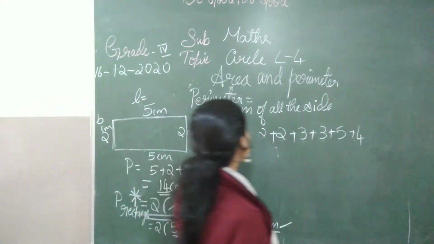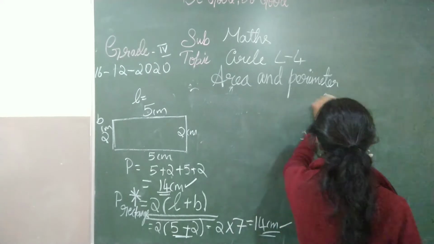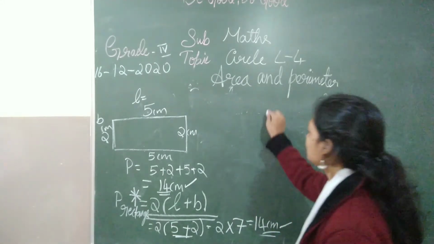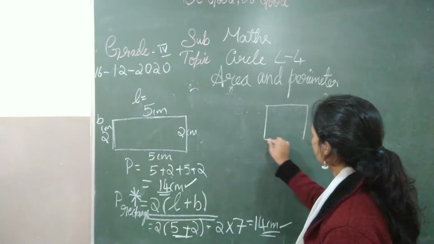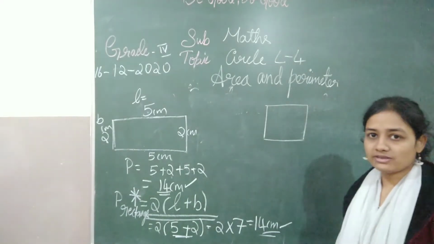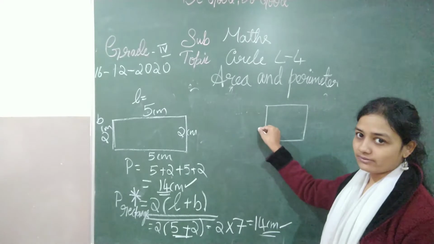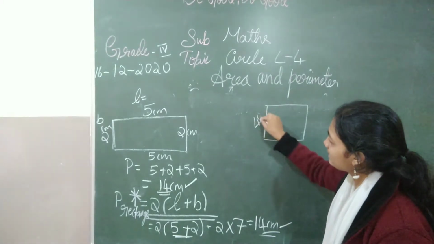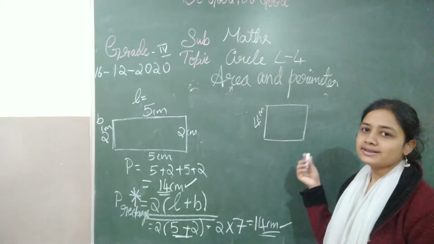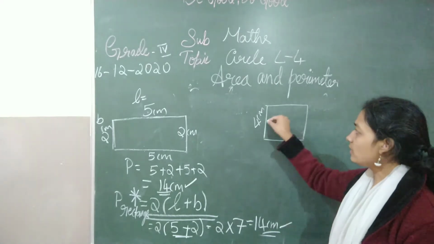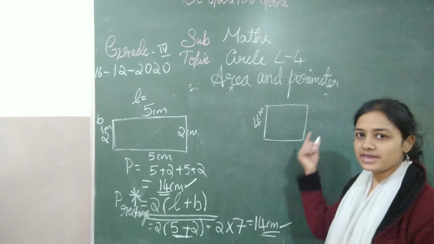Similarly, we also have a formula for the square. So let us take the square here. What is the property of the square, children? A square has all the sides equal, right? So if I give one side of the square, that is enough, because all the sides are equal.